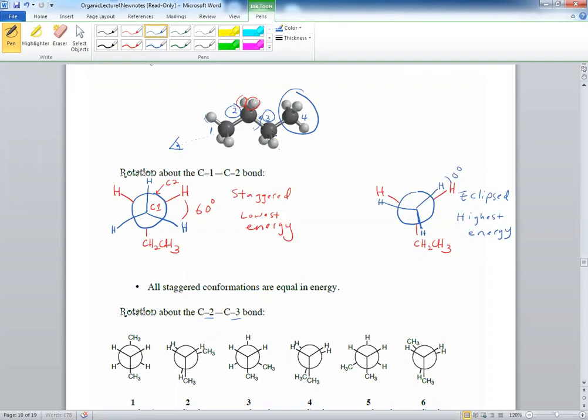You have the 2 H's on this carbon right here, C3. And you also have the methyl. Here, you have the 2 hydrogens, and you also have the methyl. So you're no longer, again, looking at it from this way. You're looking at, again, the spin between C3 and C2. So you would actually kind of look at it this way. Here's your eye. Your eye would be looking at it this way.